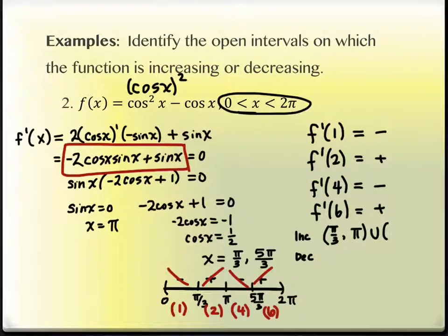And then it picks up increasing again at 5 pi over 3, and it ends at 2 pi. And then for decreasing, I have the other pieces, right? From 0 to pi over 3, and from pi to 5 pi over 3. Yeah, I got that right. Okay, all good?